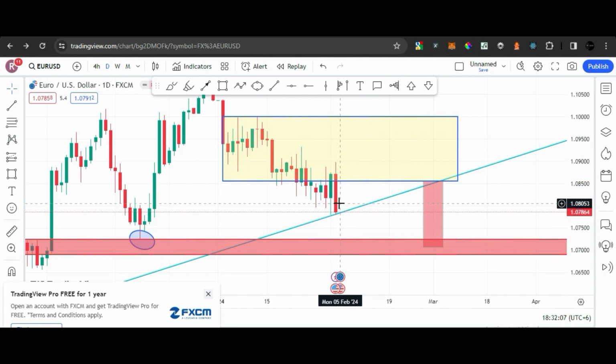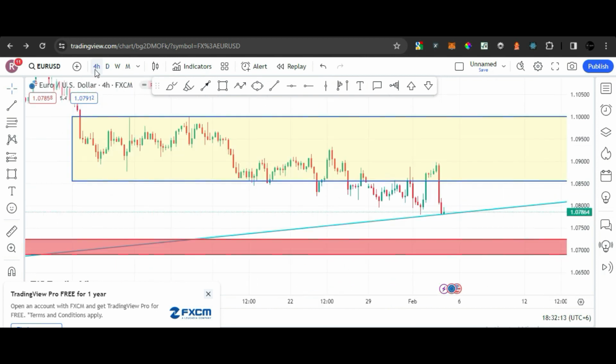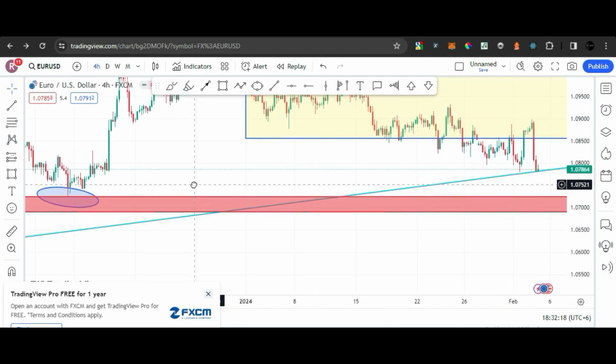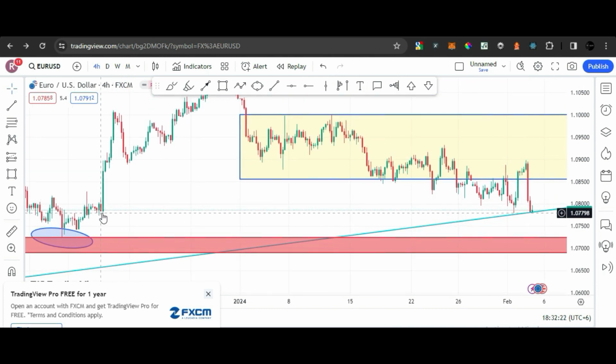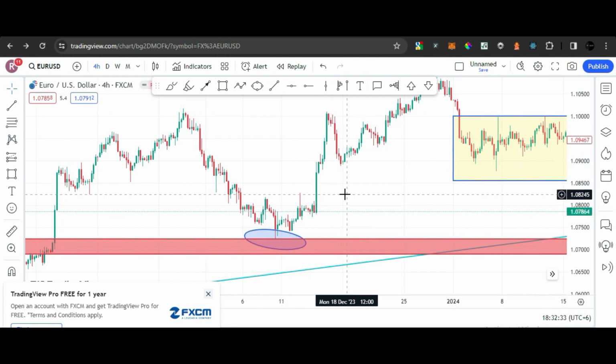One reason the price has stopped here is this weekly trend line. The second thing I have marked is that it has been stopped by this 4 hourly price, the price which made the whole market bullish. From here you guys can see on December 13th 2023 the market popped and went up like this.